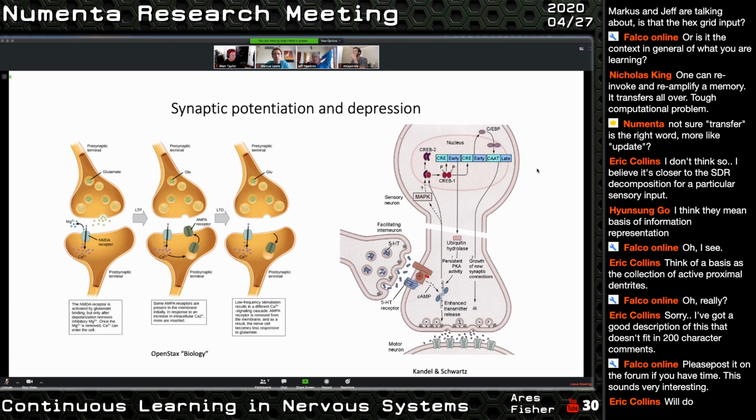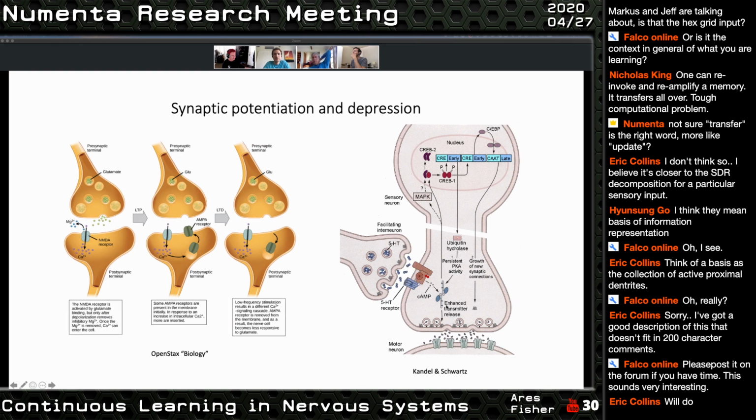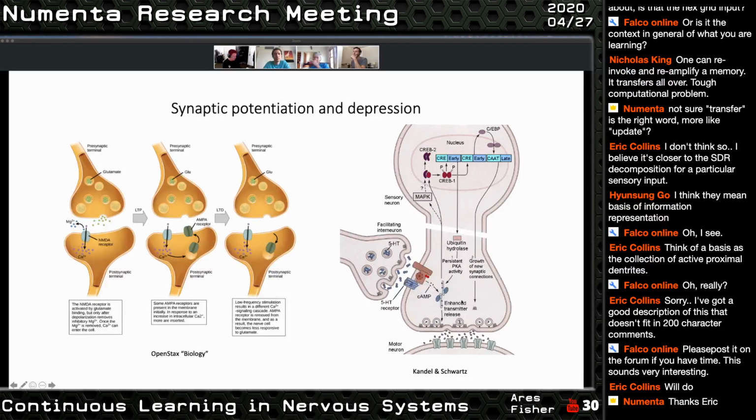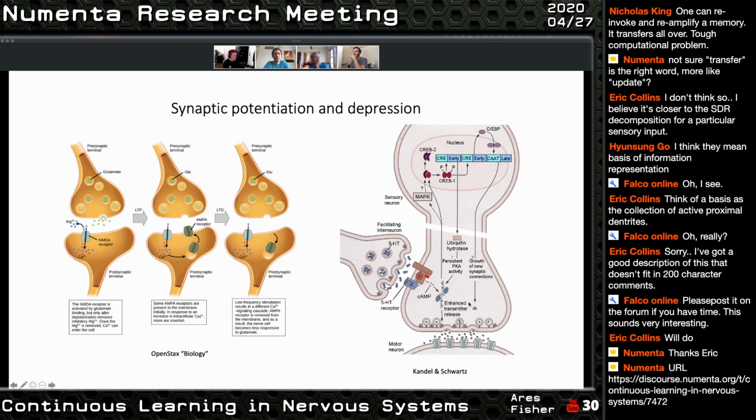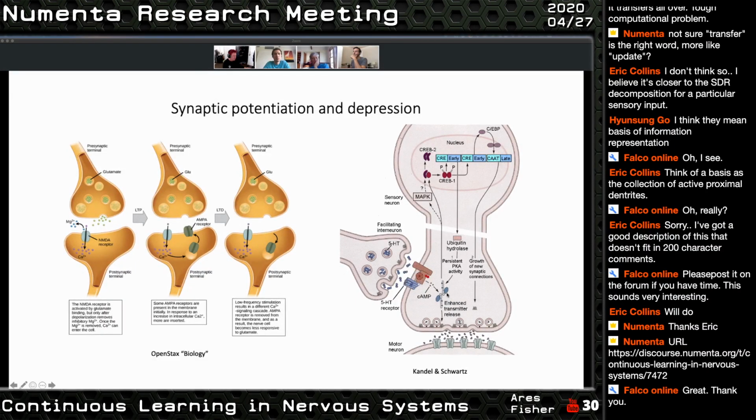So the idea has been for a while, and I don't know what new evidence has occurred in the past 5 years or so, that imagine this is the protein being trafficked to a synapse, and this could be any synapse. If these synapses are to be potentiated, there's some molecular factor that is changed or released locally that affects the configuration of this so-called plasticity protein that's been distributed everywhere.